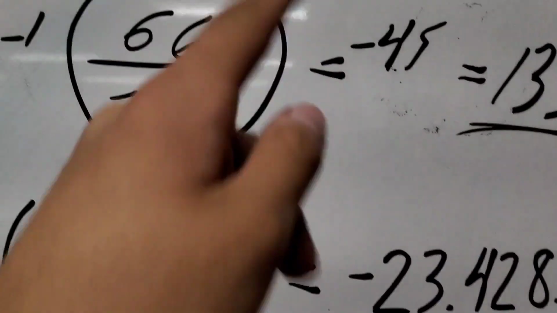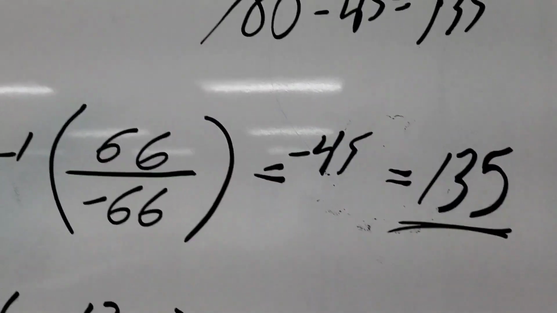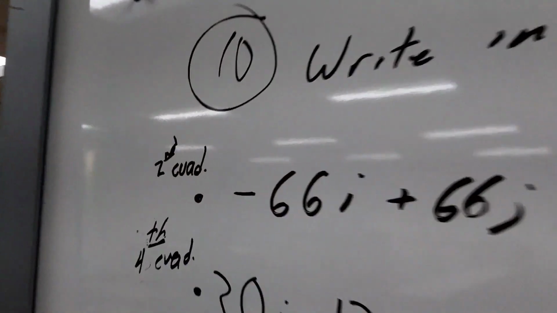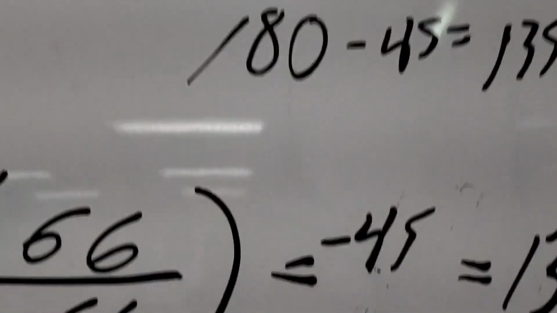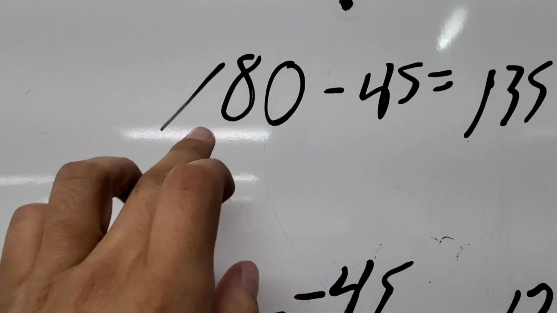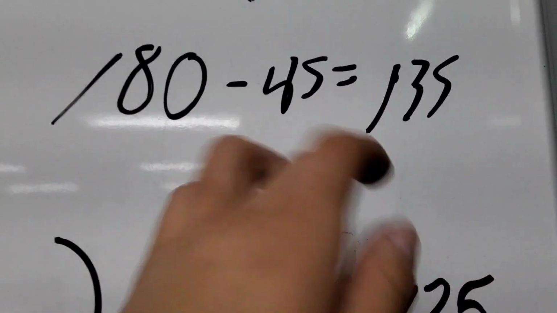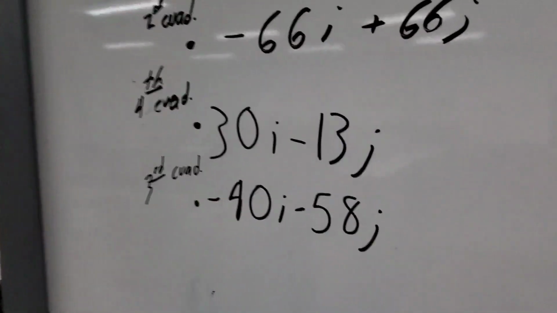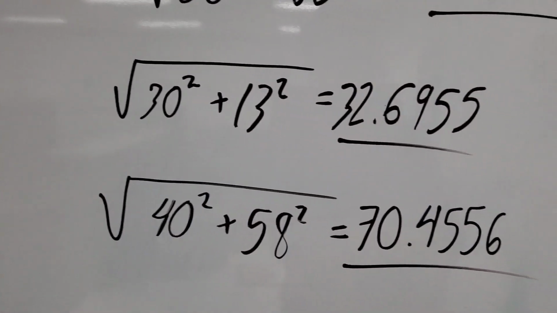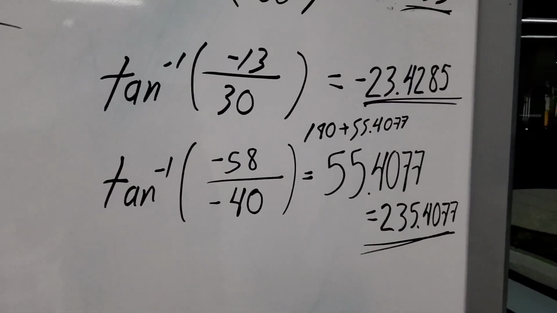This operation gave us minus 45, but we are working in the second quadrant, so we have to subtract 45 from 180, and this gives us our result, in this case 135. The same applies to the others. This will be the procedure for the other two, and that's it.